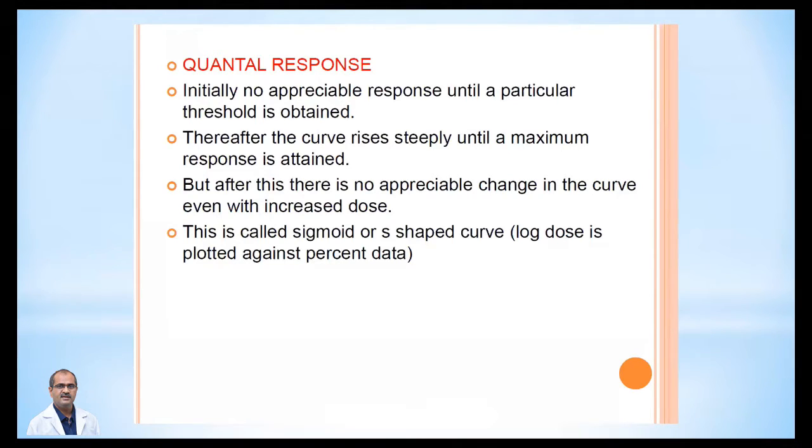Log dose is plotted against percent data, but not the response. The x-axis is dose, whereas the y-axis is the percent data. Initially there will not be any response. As you go on increasing the dose in a population, the curve rises steeply, then a maximum response is attained. Once the maximum response is attained, there is no appreciable change in the height of the curve even if you increase the dose.